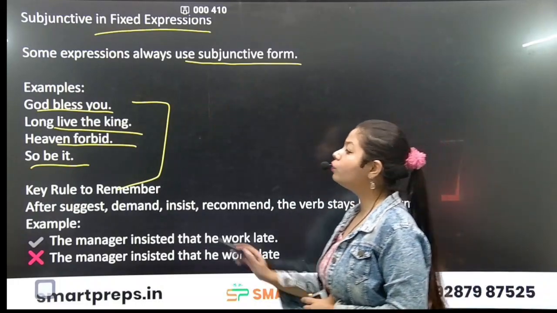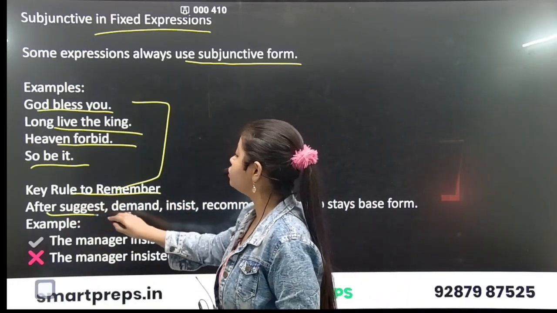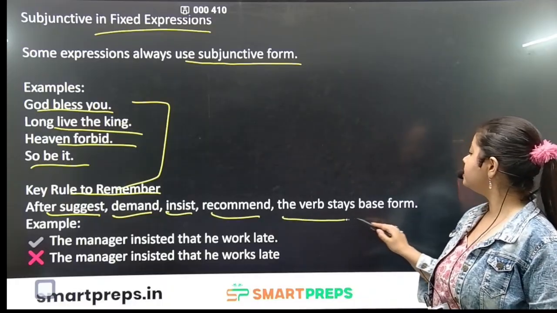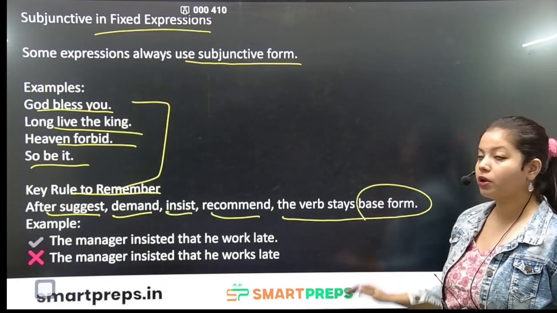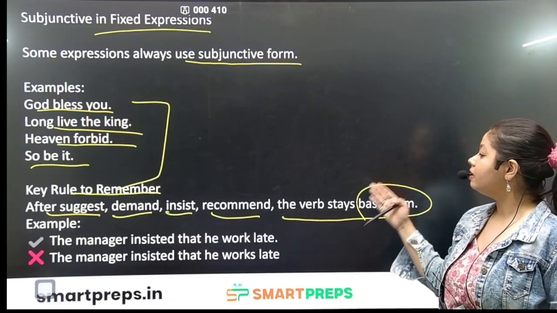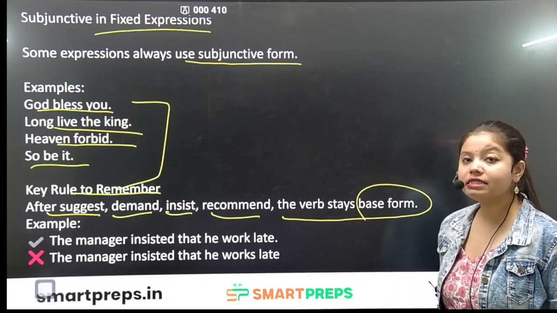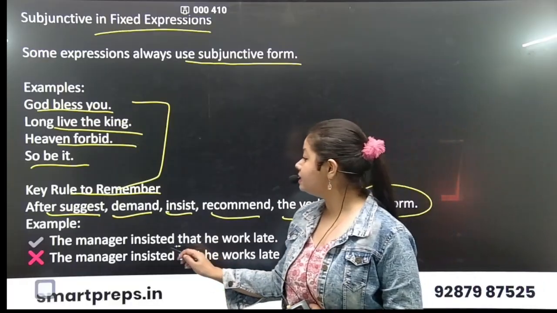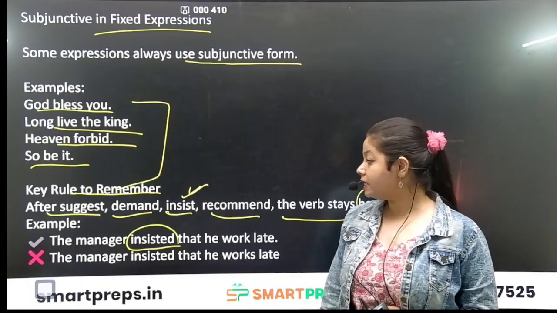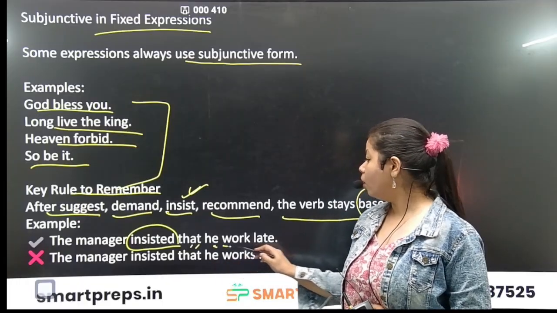Now, the key rule to remember. After suggest, demand, insist, recommend, the verb stays in base form. For example, the manager insisted. Yes, I told you, insist. The manager insisted that he work late.